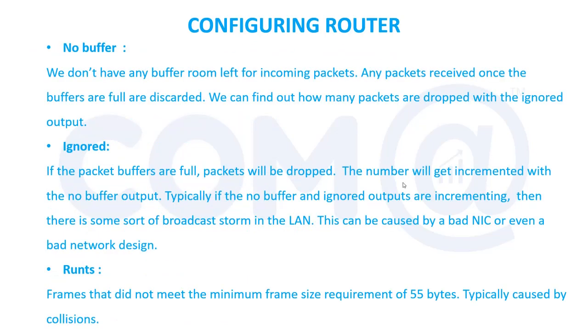No buffer, ignored: if the packet buffers are full, packets will be dropped and ignored, and not stored again. Runts are frames that did not meet the minimum frame size requirement of 64 bytes. A frame needs to be 64 bytes or above, but if any frame is less, like 30, 40, or 43 bytes, it is called a runt, because some data may be missing and the packet is not complete.